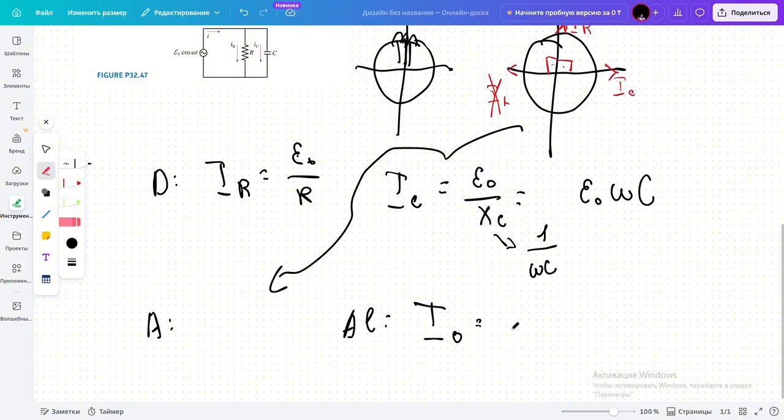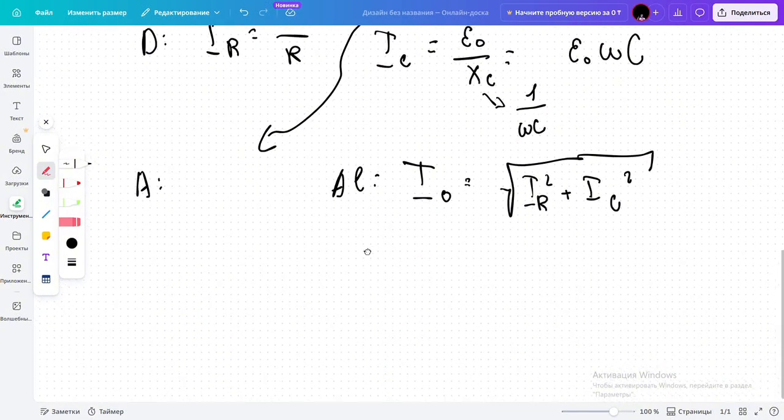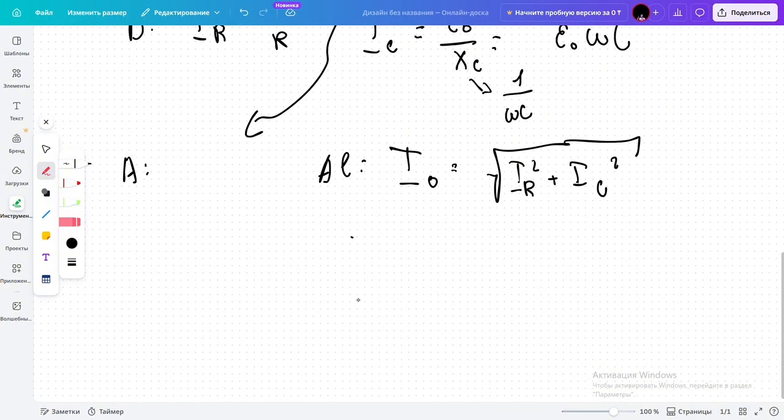I0 of the source will be equal to the square root of I resistor squared plus I capacitor squared. Then we can easily find it because we know the formulas for resistor and capacitor currents.